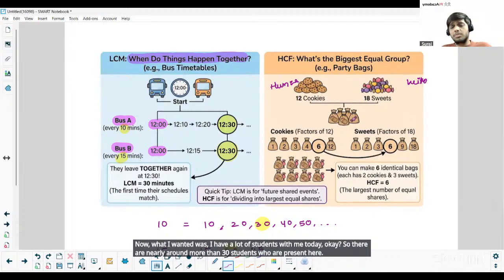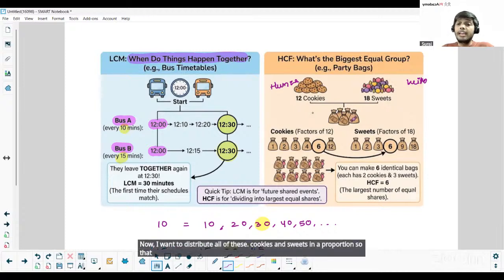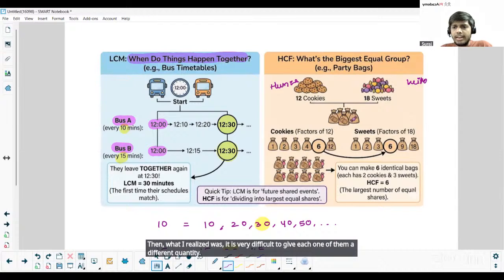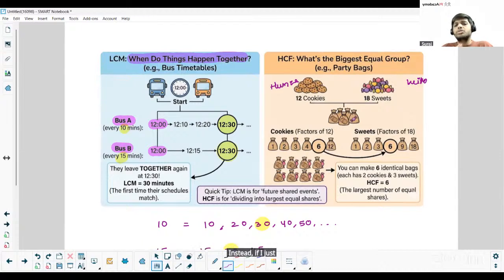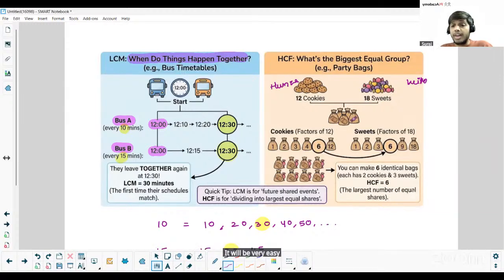I want to distribute all of these cookies and sweets in a proportion so that everyone can get it equally. Then what I realized was, it is very difficult to give each one of them a different quantity. Instead, if I combine all of this together and figure out the factor of these two values, it will be very easy for me to divide.